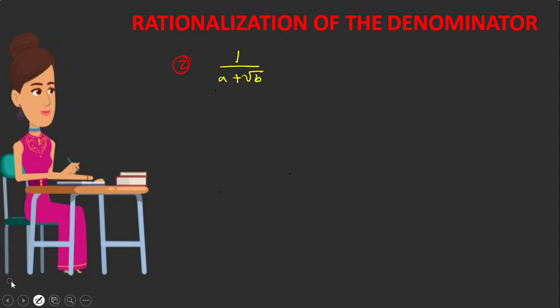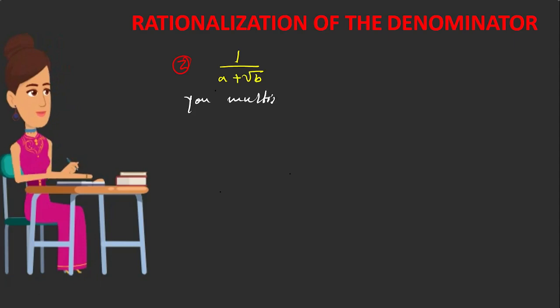I'm going to borrow a term from complex numbers, though it's not the right term to use when you're talking about rationalization. For this one, you multiply both the numerator and the denominator.